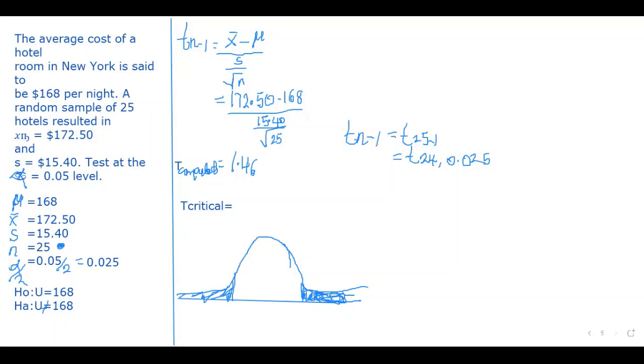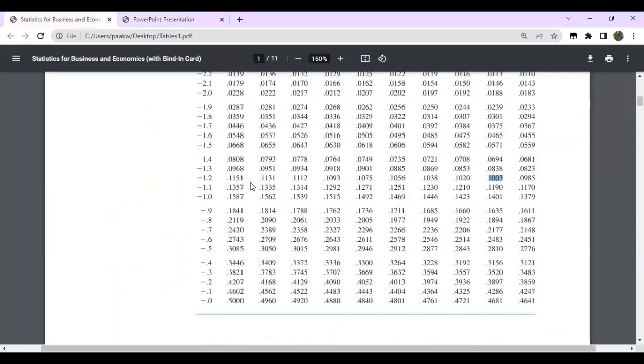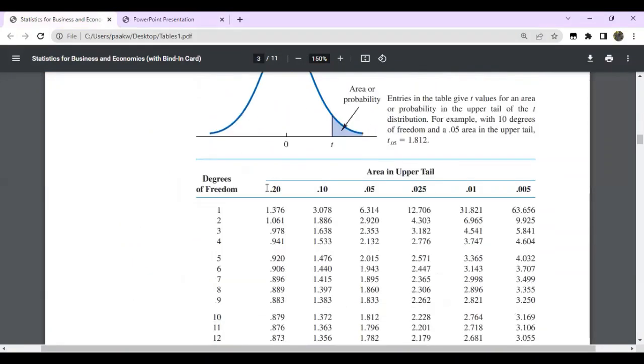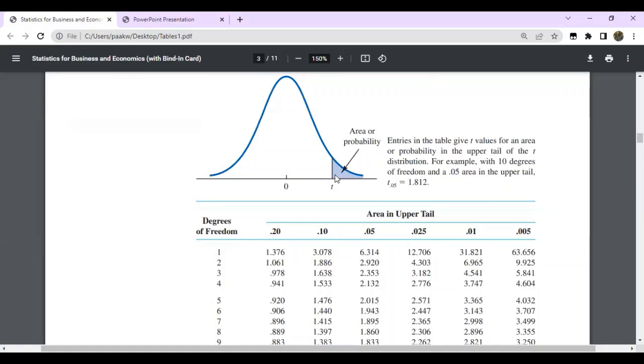Now the critical value, let's move on to the screen. So you find that on a T table. They say entries in the table give the t value for an area of probability in the upper tail of the t distribution.